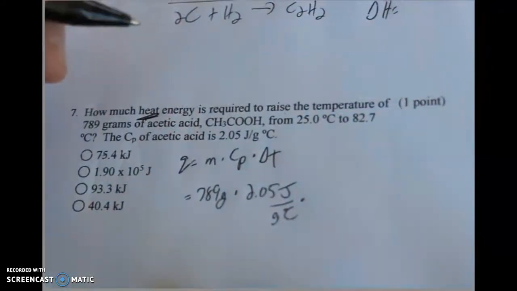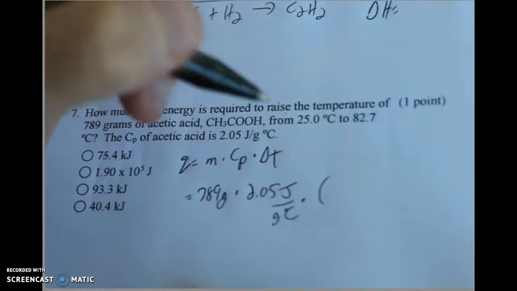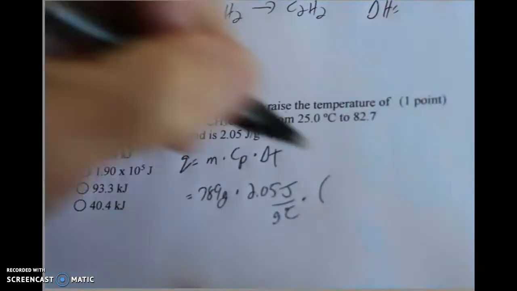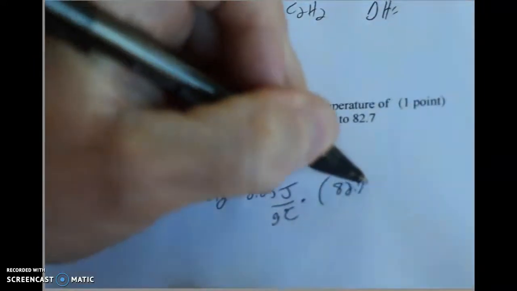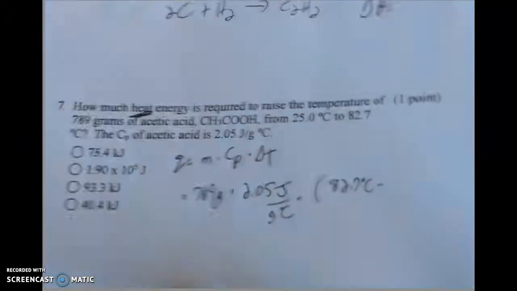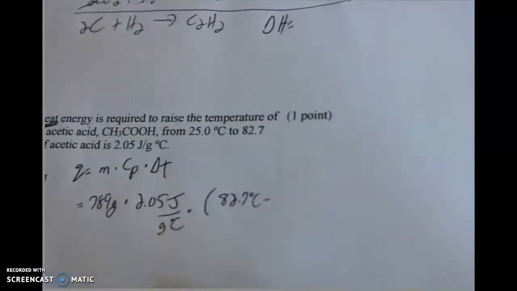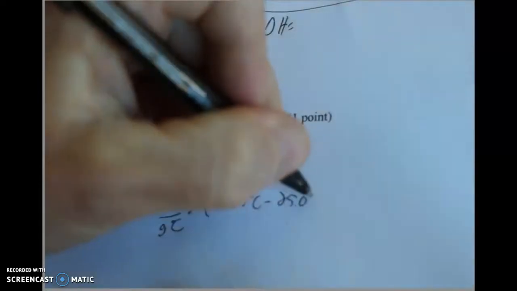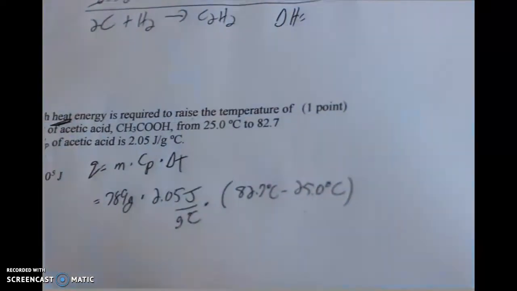And then the delta T, you always do final minus initial. So you're doing the 82.7 degrees Celsius minus the 25.0 degrees Celsius. And what I think works well is to do the subtraction first.